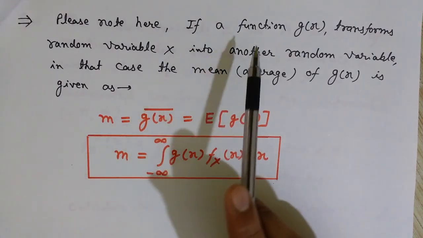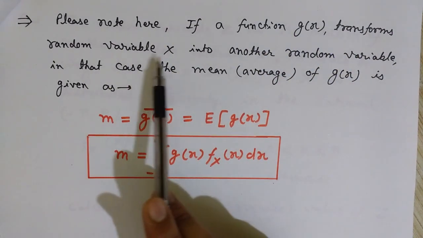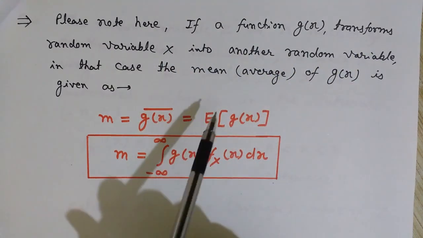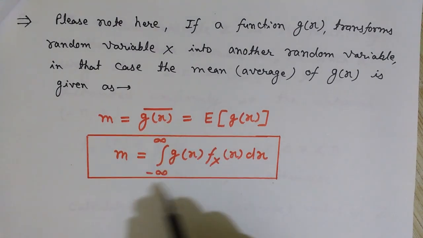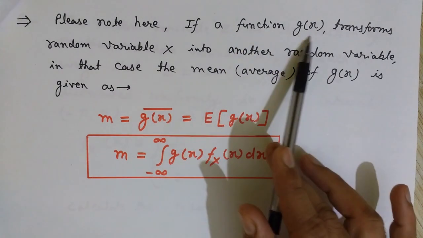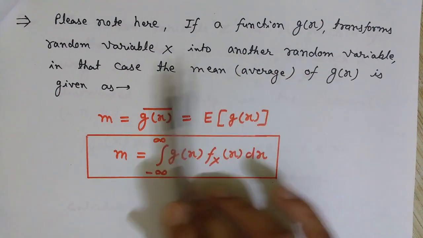If I have a function g(x) that transforms a random variable x into another random variable, in that case this is the formula to calculate the mean value. I will explain this concept with the help of an example, how a function g(x) transforms a random variable x into another random variable.